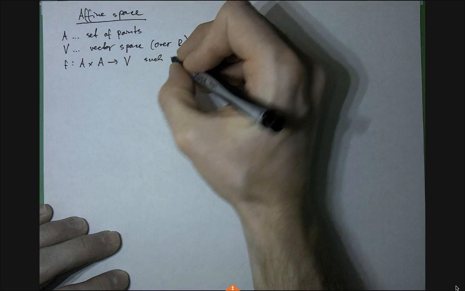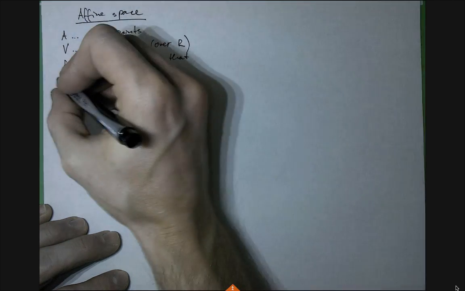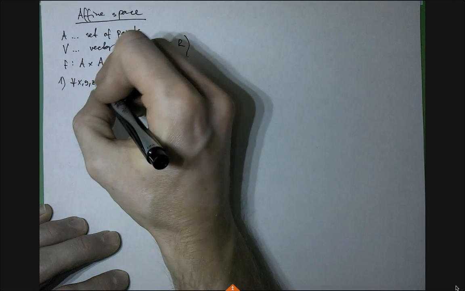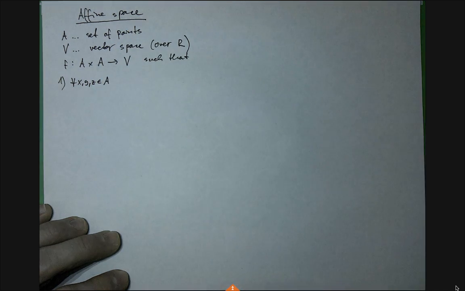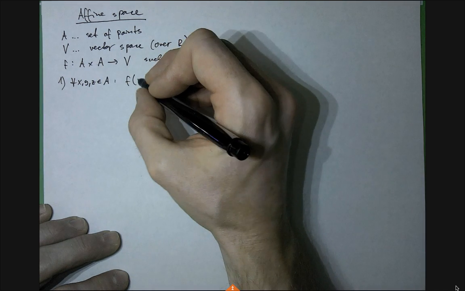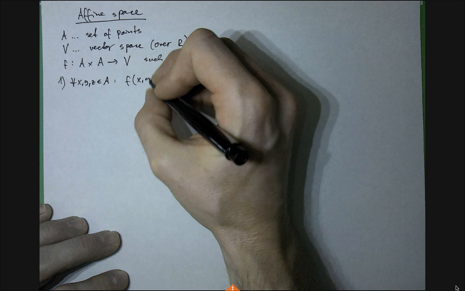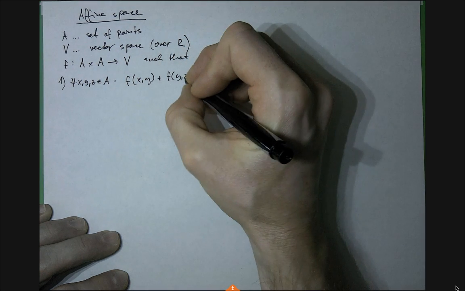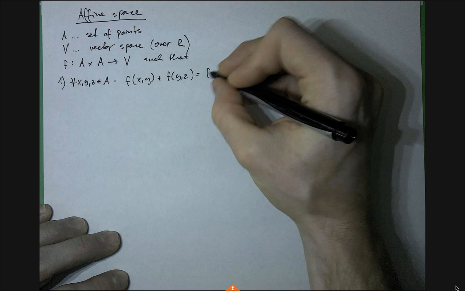So the function is such that first, for any 3 points x, y, z, it is true that f(x,y) plus f(y,z) equals f(x,z).